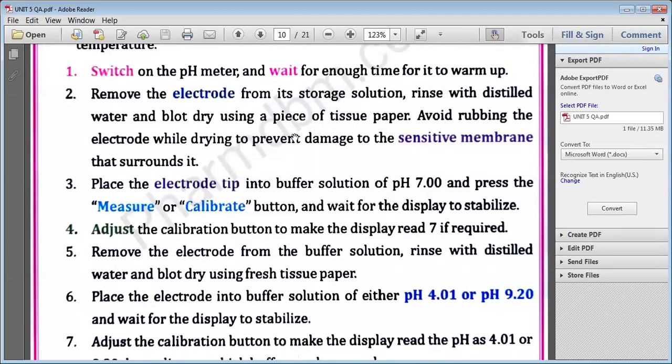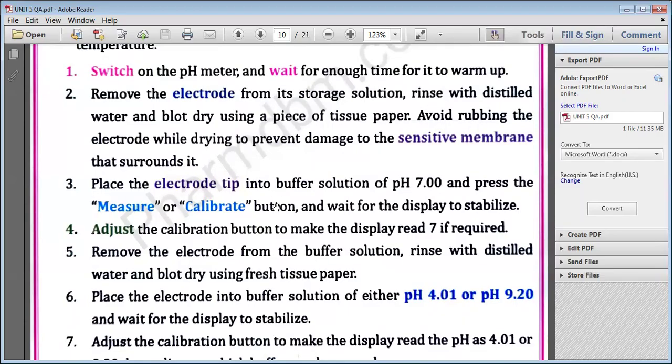All the electrodes that we use for the pH meter are very sensitive glass membrane electrodes, because the glass electrodes that we use have the properties of both reference as well as standard electrodes.